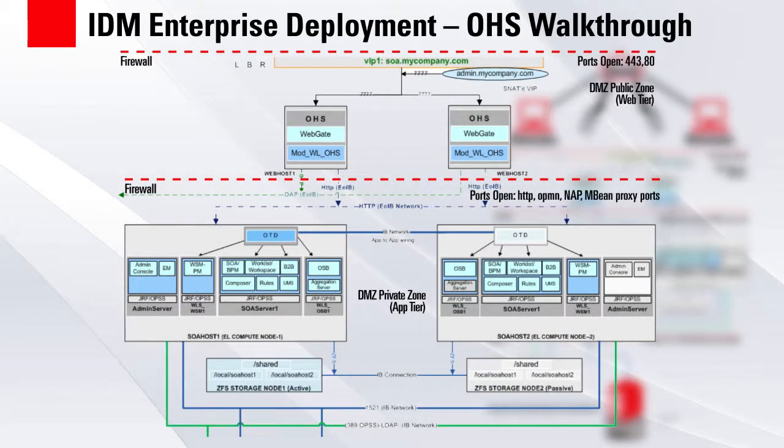If for some reason SOA host 1 goes down, you still have SOA host 2. If SOA initiates the request, it still goes to OSB on SOA host 2, because the OTD client-side load balancer is activated automatically on SOA host 2. So you have a highly available client-side load balancer configured.